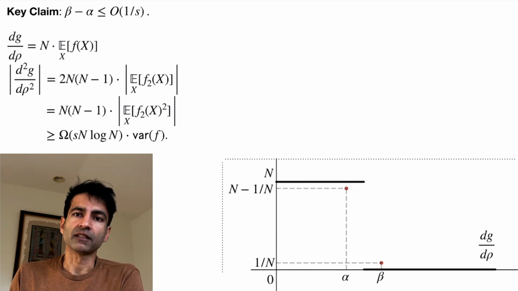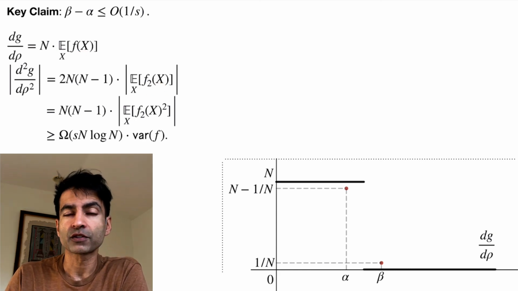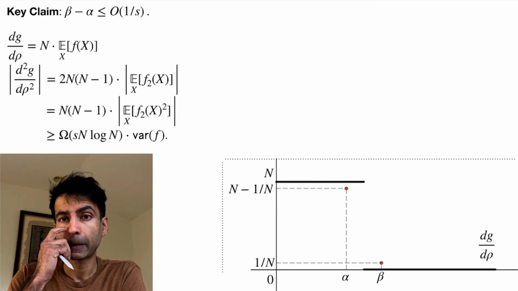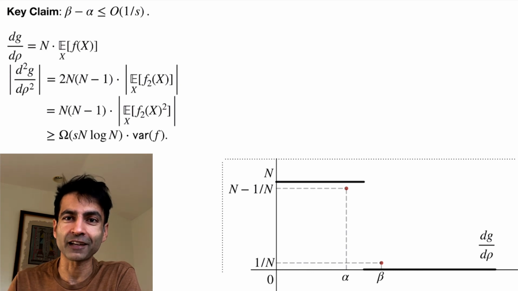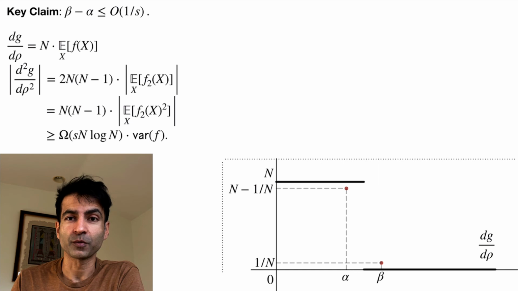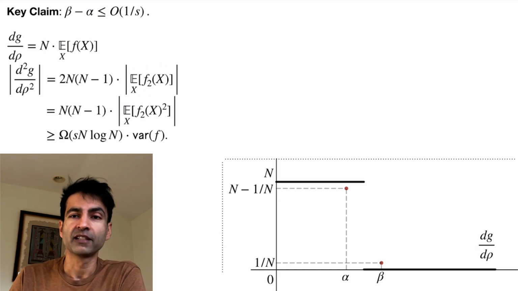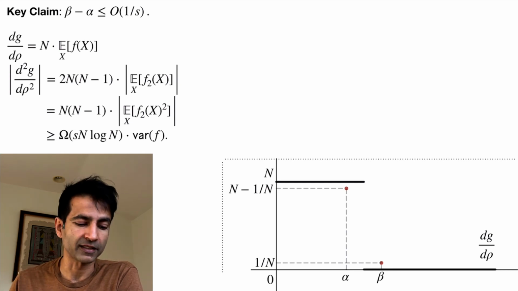Now, a nice observation here is that because f is Boolean, f2 of x can only take on one of three values. It can be either half, 0, or minus half. But f is also monotone, which means that the derivative can actually take on only the values 0 and minus half.